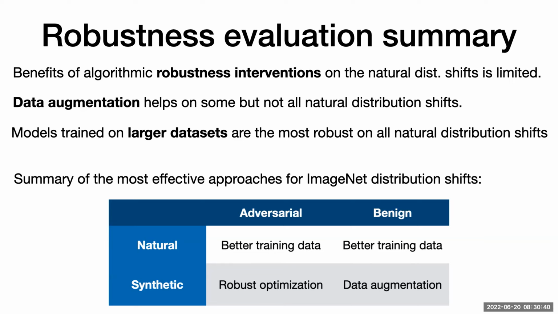Collect a bigger pre-training data set and then fine-tune on ImageNet. Data augmentation helps on some of the natural distribution shifts. It does best overall on the synthetic and benign distribution shifts, like the image corruptions and so on. And then for the adversarial and synthetic quadrant, like adversarial examples and so on, this is where the robust optimization ideas do best.